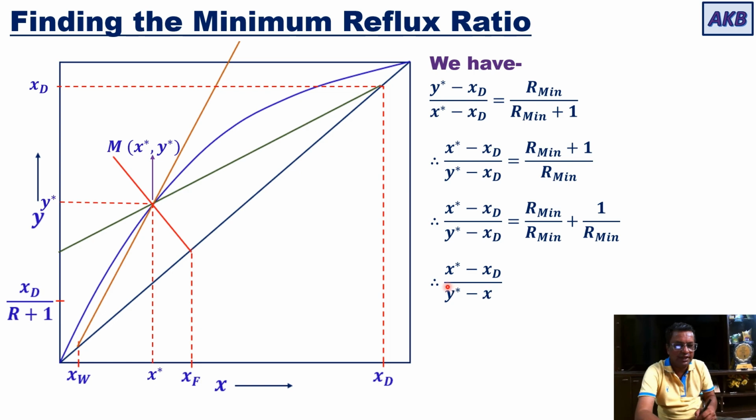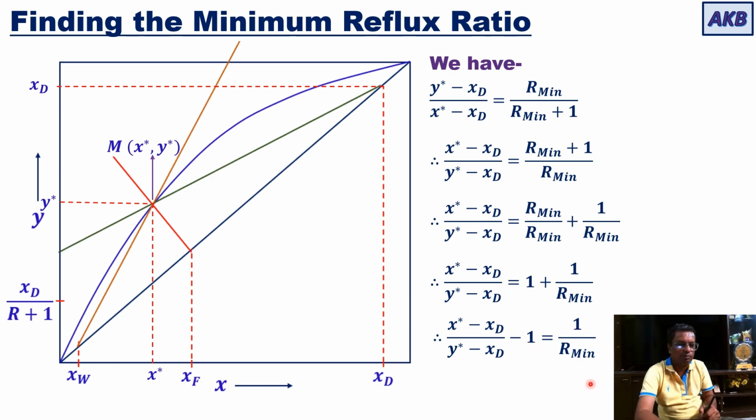So, in the next step, x star minus xd divided by y star minus xd is equal to 1 plus 1 upon R minimum, because R minimum upon R minimum is 1. So, x star minus xd divided by y star minus xd minus 1, when I bring this 1 on this side, is equal to 1 upon R minimum.